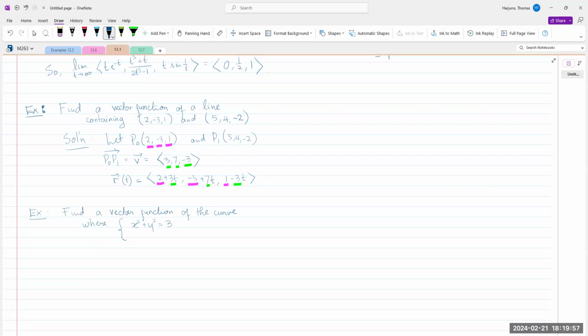Now that is a cylinder, and y plus z equals to, let's say, 2 intersect. You know what? Let me just make that x squared plus y squared equals to 1 for the sake of simplicity.